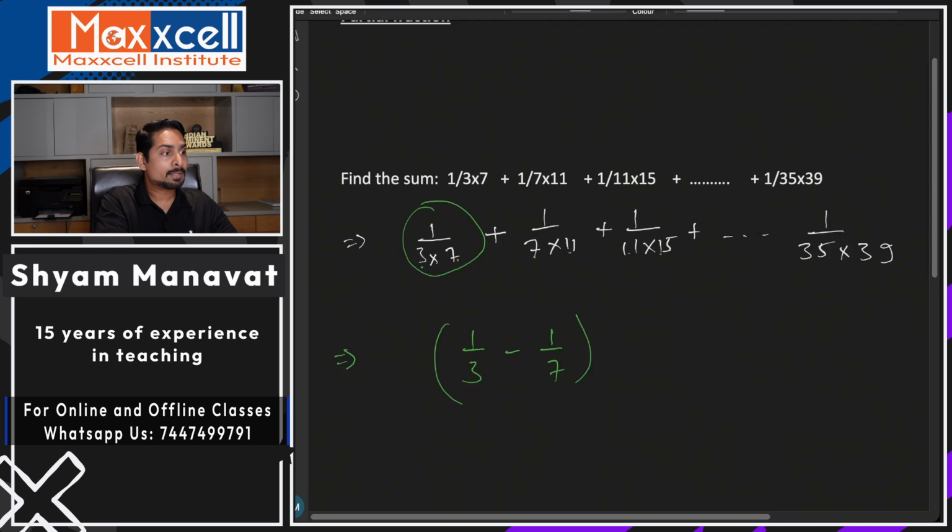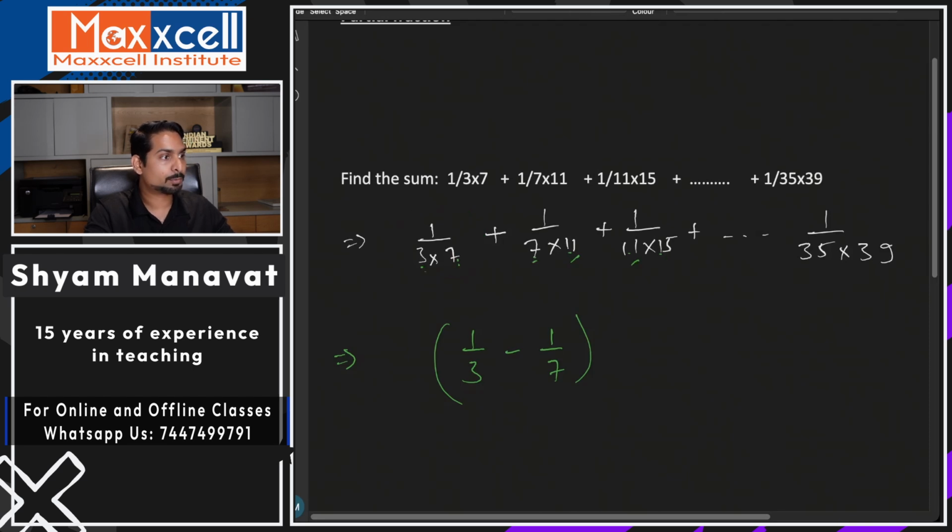So how do we identify the progression where partial fraction has to be applied? You need to see that the difference between 7 and 3 is 4, then 7 is repeating and again increases with a difference of 4, then 11 repeats and the difference is again 4. So the difference is common here.